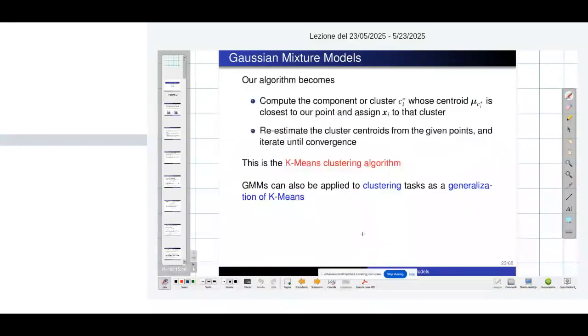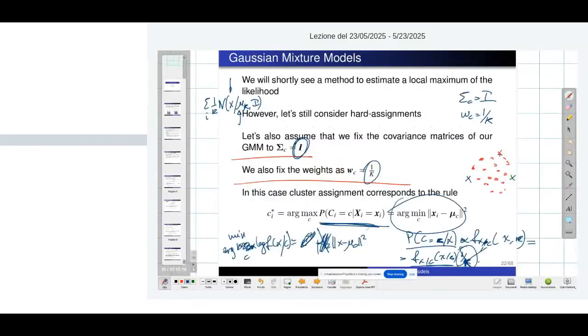But then, what does our algorithm become? We start from means that we now call centroids rather than means. Then, for each sample in the dataset, we assign that sample to the component whose mean, so whose centroid, is closest, and then we re-estimate the centroids. How?